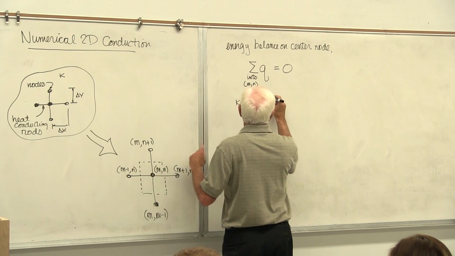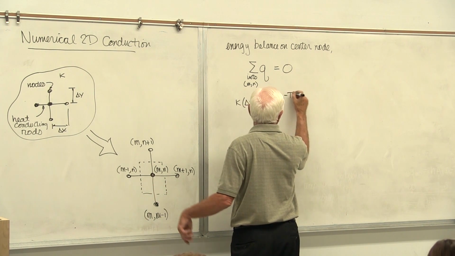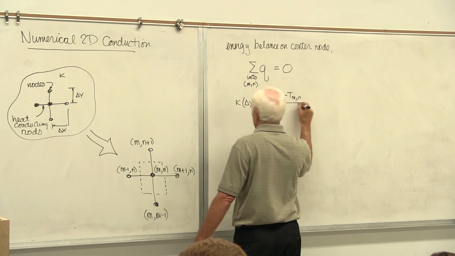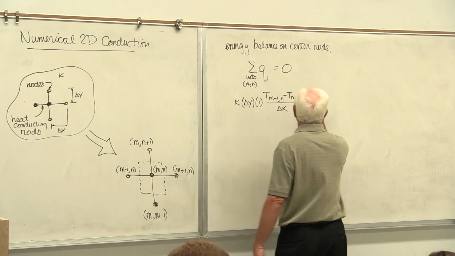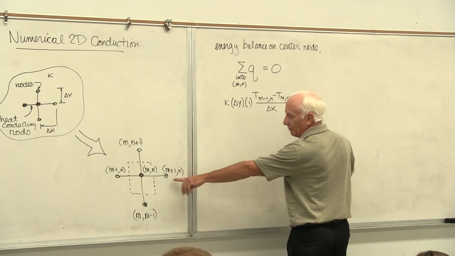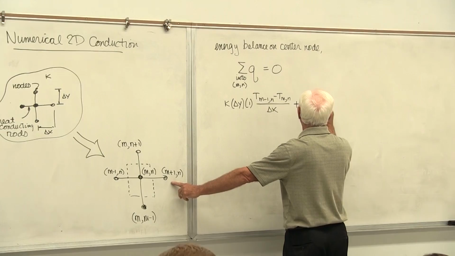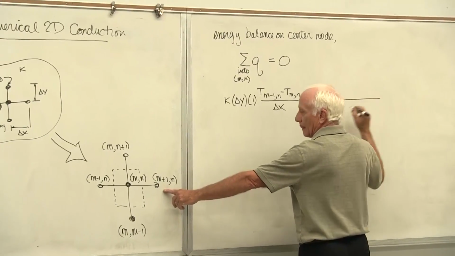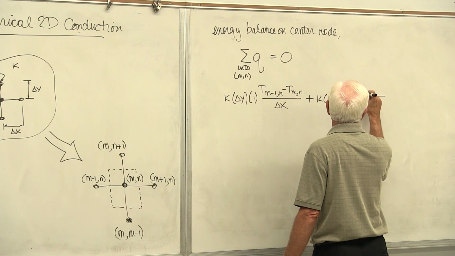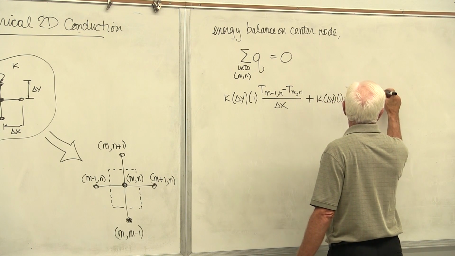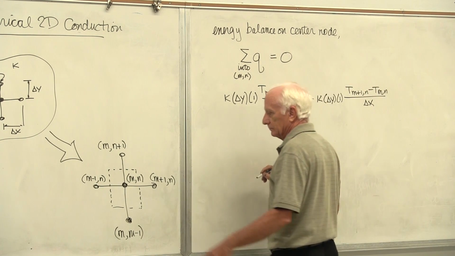Okay, and then delta T, T(m minus 1, n) minus T(m,n), divided by the distance I traveled, delta x. That's the first term. Now, from the right-hand side, k delta y times 1 times T(m plus 1, n) minus T(m,n) divided by the distance I traveled, delta x.